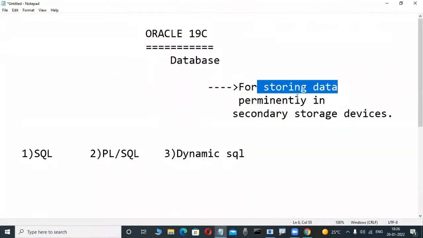It is not only storing data, so many things are there. Actually, databases are not only about storing data, but also about efficient retrieval of data, which is important. Suppose, for example, observe the screen.